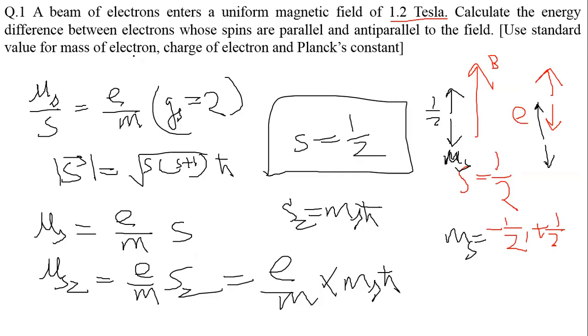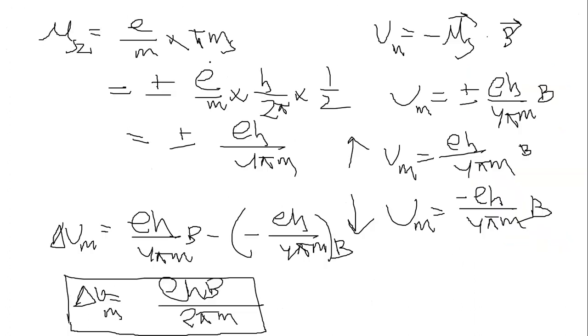What is given? Use standard values of mass of electron, charge of electron, and Planck's constant. So delta E is equal to EhB by 2 pi m.